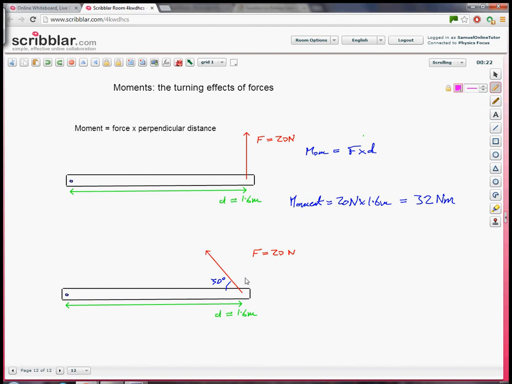One of the ways is to take this force and split it up into its two components, parallel to and perpendicular to the distance, the displacement from the hinge. Sorry, let's try that again. So we could take it and replace it with these two components here. That's supposed to be running parallel there.